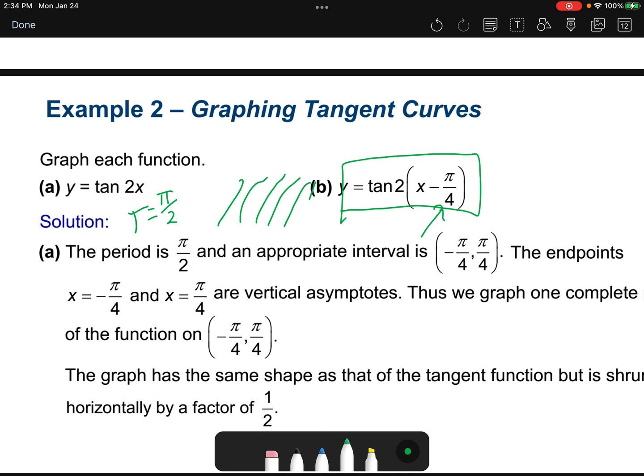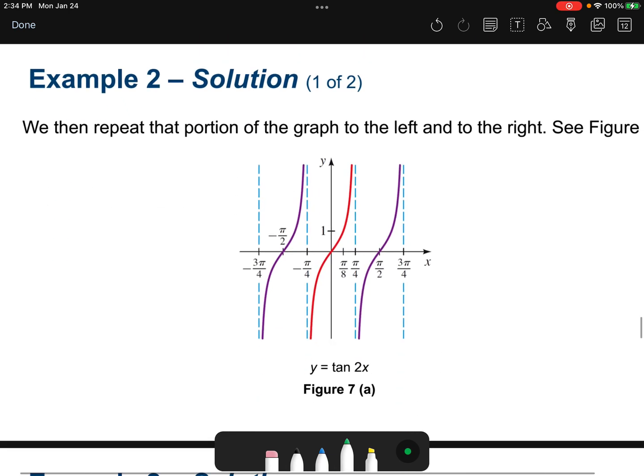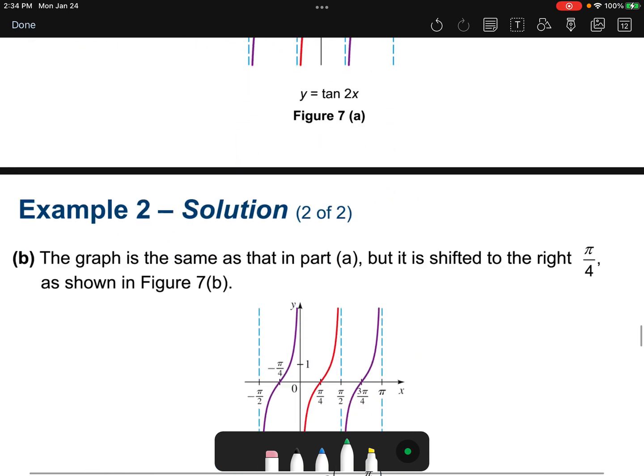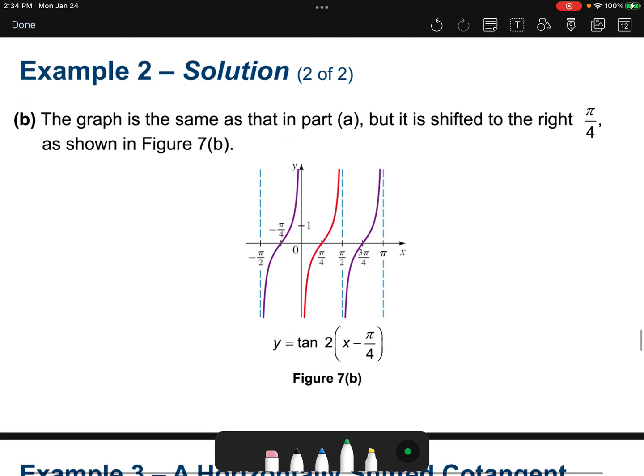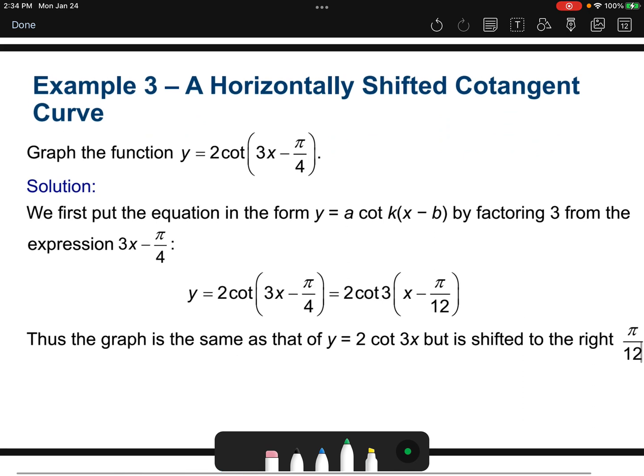So we have the graphs. This is great. It's the same graph, it's just been shifted pi over 4. So it's the same exact shape, but just moved over pi over 4, which we have red, blue, red, blue, red, blue. It's pretty cool looking on your calculator. So there's tangent 2x. There's tangent 2x minus pi over 4. It's just been shifted over.